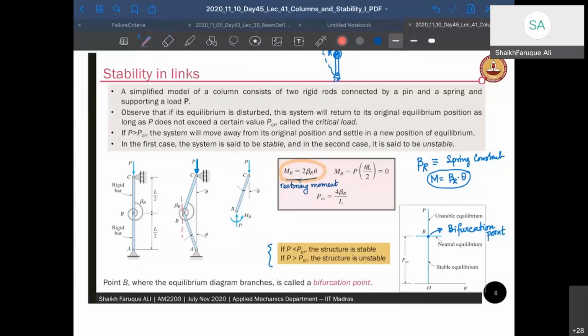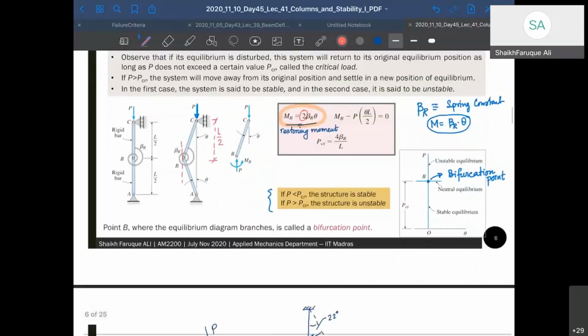So there are two theta movements, and this two theta movement is what is coming here. You're resisting from one side, it is L by 2; from two sides, it will be 2L by 2. So this length is L by 2.